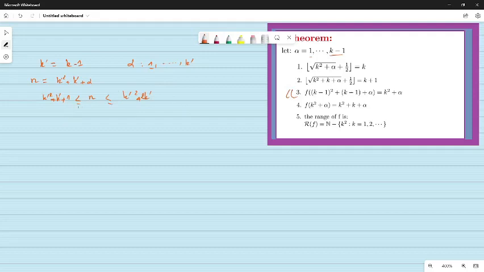And in the third case we have seen before, we have the result equals k prime plus 1. Then it is equal to k minus 1 plus 1, and it is equal to k.